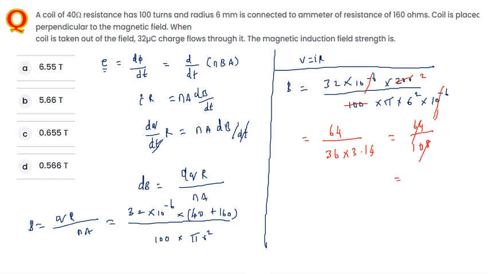So what you are going to have here is approximately 60 over 120, which will become approximately 0.5. So 60 by 120 you just consider like this. So the approximation here is 0.5. So the answer in this case is 0.56 Tesla.